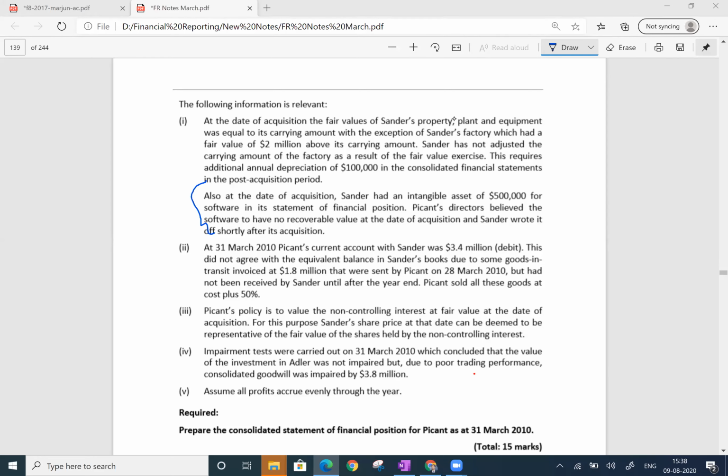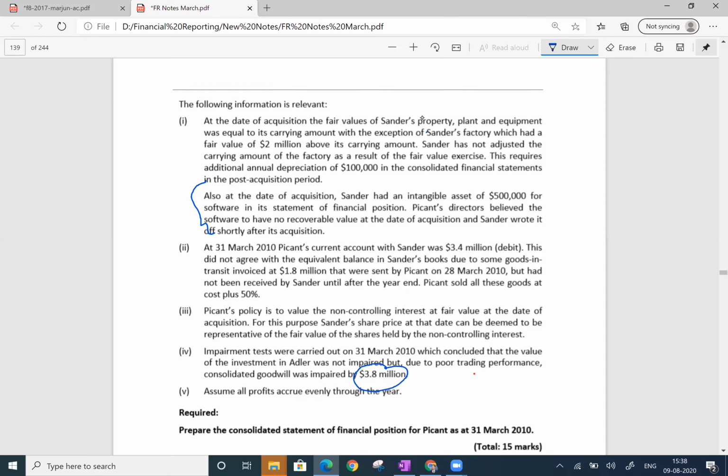Next, three. P's policy is to value non-controlling interest at fair value at the date of acquisition. For this purpose, the subsidiary company's share price at that date can be given. Normal thing. Fourth one, impairment tests were carried out on 31st March 2010, which concluded that the value of the investment in associate was not impaired. But due to poor trading performance, consolidated goodwill was impaired by 3.8 million.